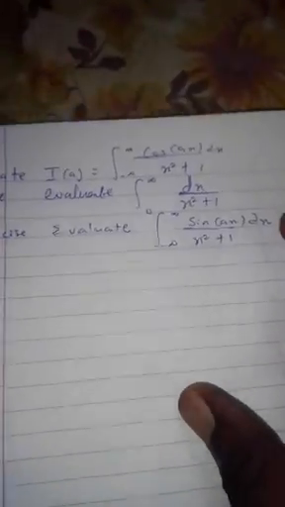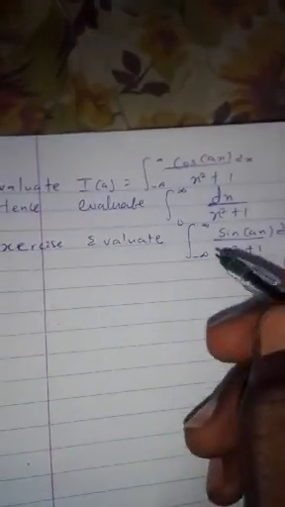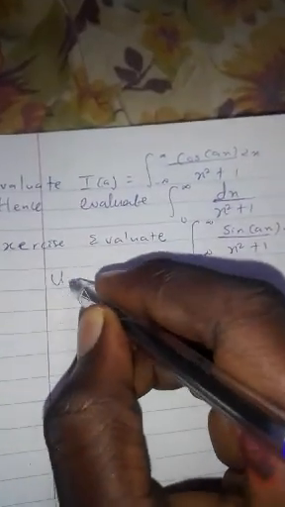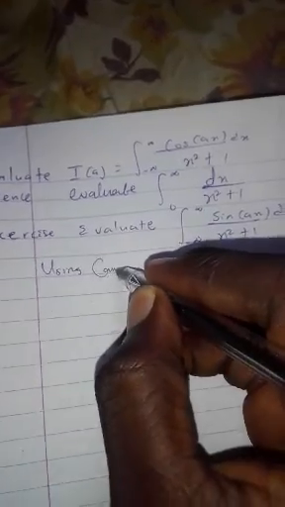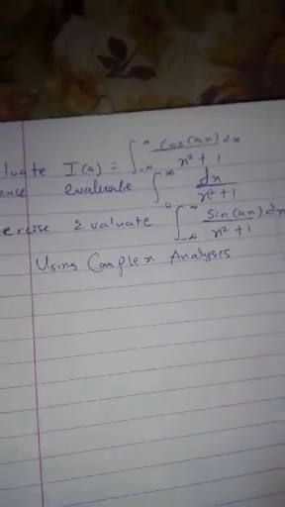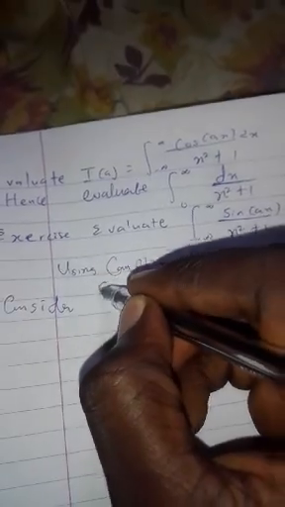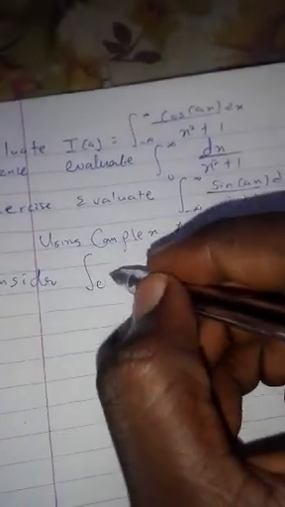Now I'll be using the Cauchy residue theorem, which is under complex analysis. So using complex analysis, let me consider the integral over C. This C is a semicircle, where C is the upper half of the semicircle.